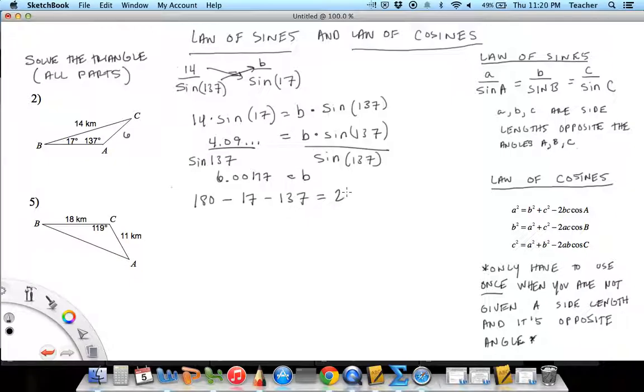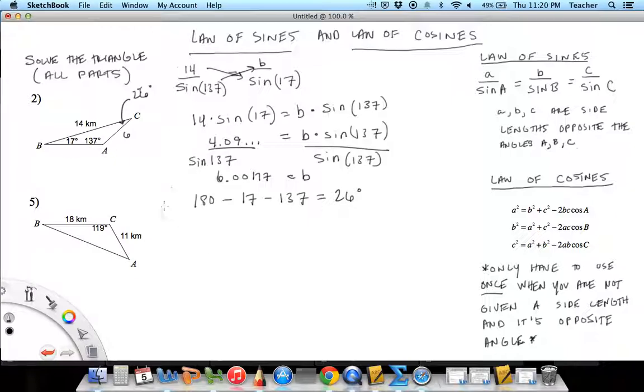I know that the angles inside a triangle add to 180 degrees, so this angle right here is 26 degrees. Essentially, I'm solving the triangle, meaning I'm finding all side lengths and angles. I have one left, and that is side C.